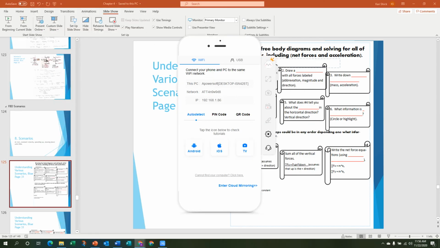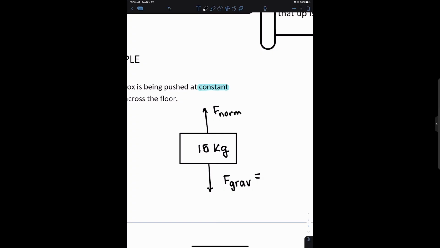So F norm. What other forces do we know that are acting on it? Well, it said it's being pushed across the floor. It doesn't tell us which direction, so I'm going to assume it's going to the right because that's positive. So let's put an applied force going to the right. And since this has to be moving across the floor, it's going to have friction trying to oppose the motion, so it's going to have the force of friction to the left.